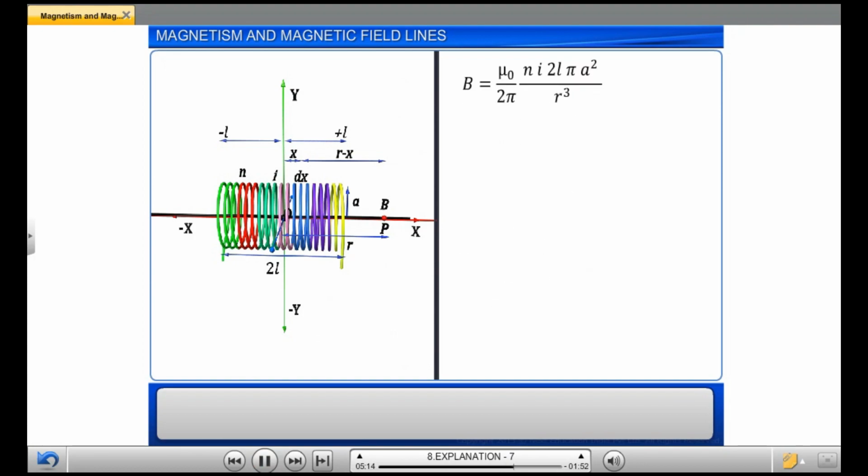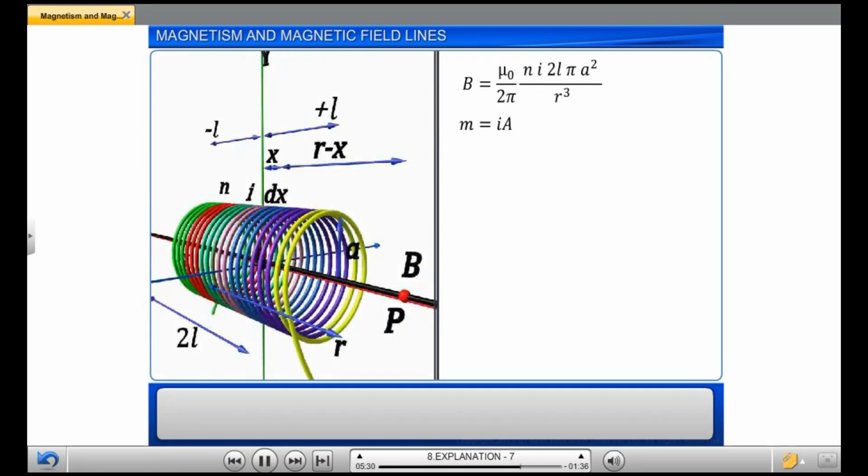We learnt earlier that a current-carrying loop behaves like a magnetic dipole, and its dipole moment is given by M equal to I into A, where A is the area vector of the loop. The solenoid consists of n number of loops per unit length. I is the current through the solenoid, and a is the radius of each loop.